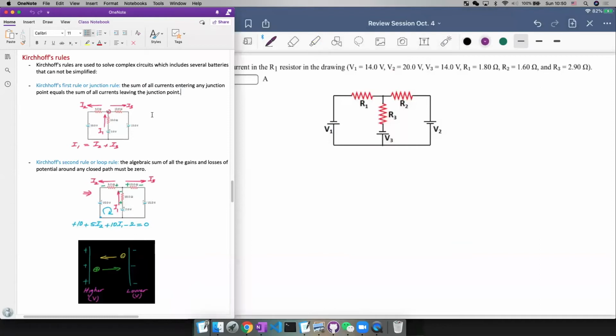At this first rule step, since it has multiple powers, we cannot decide the direction of the current.